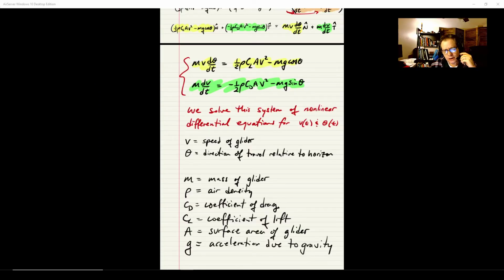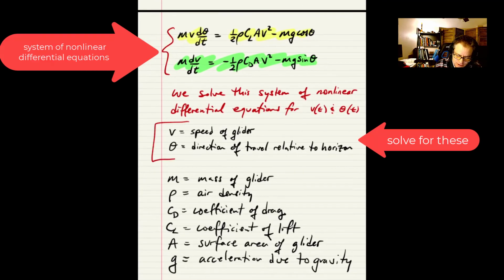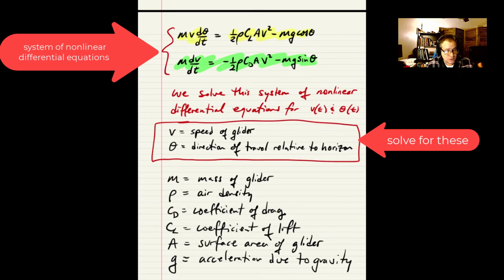Okay, and how about a quick recap of what all of these variables are? Well, it's these two variables, v and theta, that we're actually solving for. V is referred to as the velocity, but technically it's actually the speed. It's the linear speed of the glider in the direction in which it's traveling, and then theta is the direction that it's traveling relative to the horizon. We can think of theta as the pitch, but technically it's really the direction of the velocity.